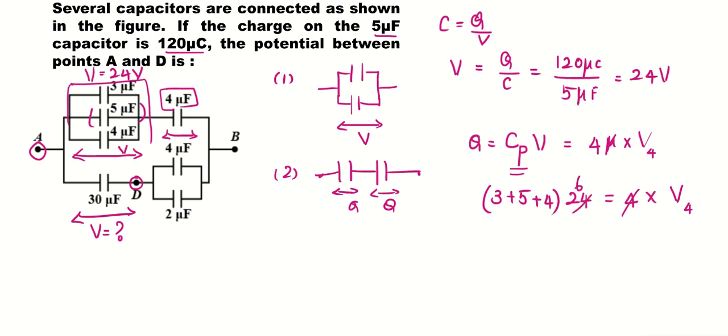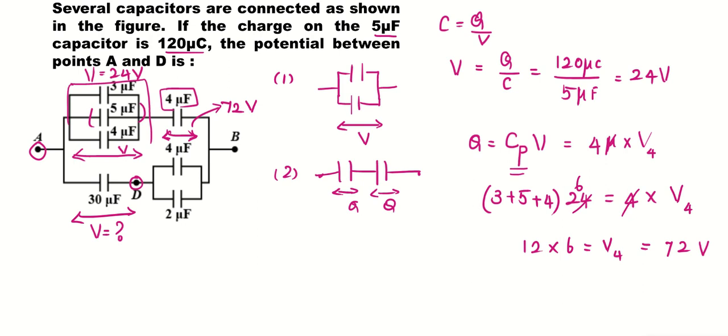Here this will become 6, 8, 12 into 6, which is equal to V4, which is equal to 72 volts. So what does it mean? We have found out the voltage across the 4 microfarad as 72 volts.